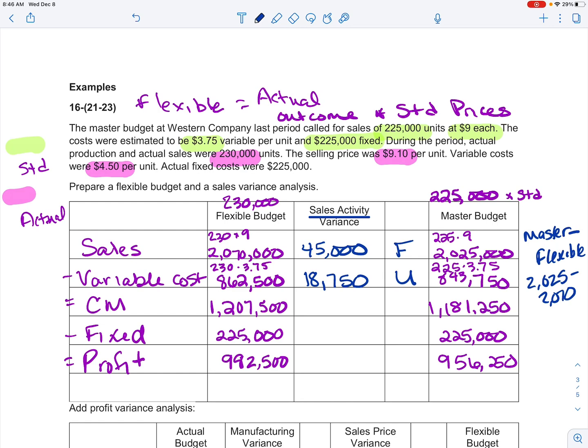Contribution margin, again, same thing, subtract those two. I want a high contribution margin. I have a higher one. That's a good thing. That's favorable. There's no difference here, giving me that total difference of 226,250. Favorable.